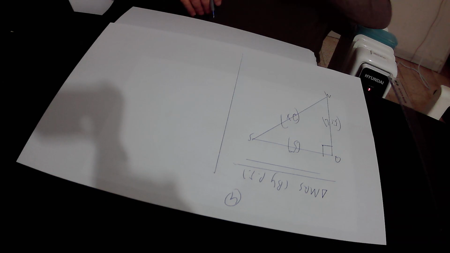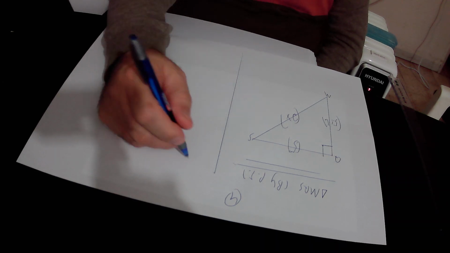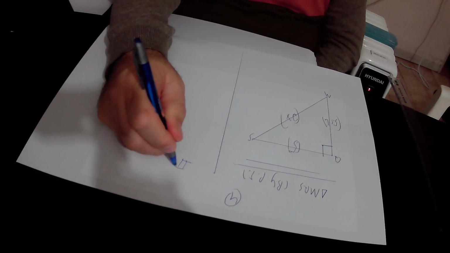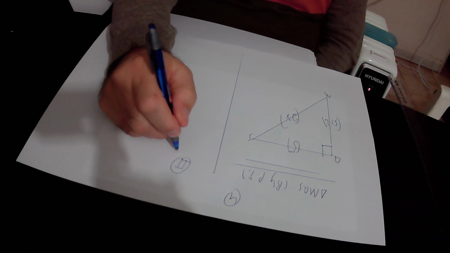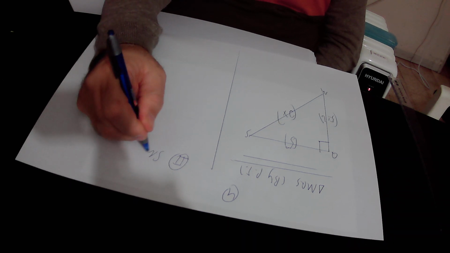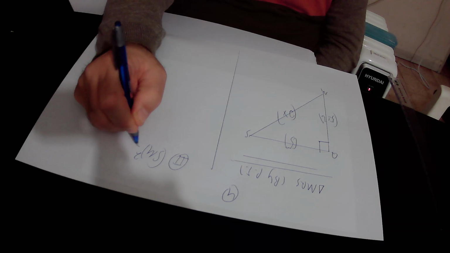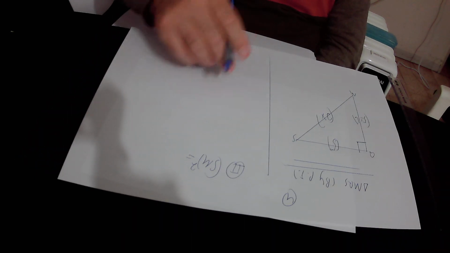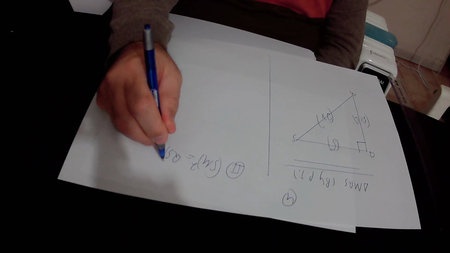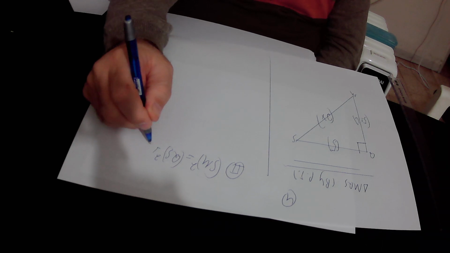According to the Pythagoras theorem, in the right triangle QMS, SM squared equals QS squared plus QM squared.